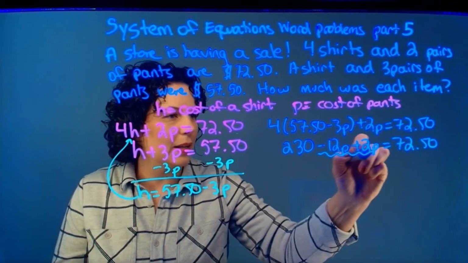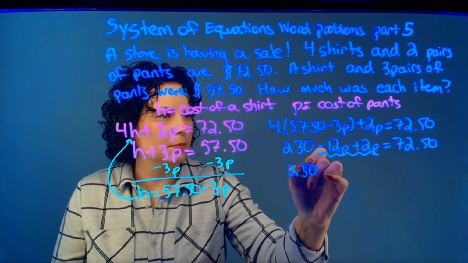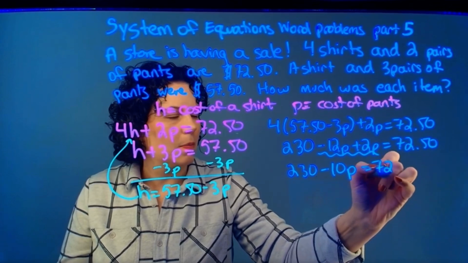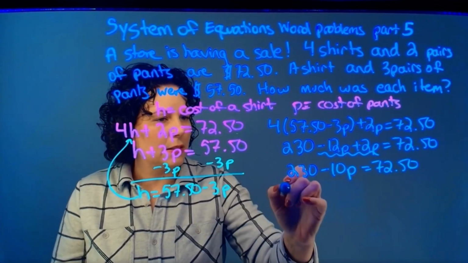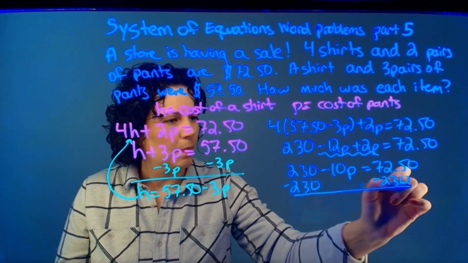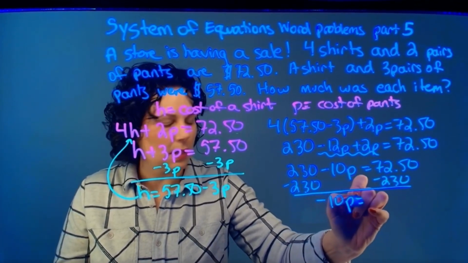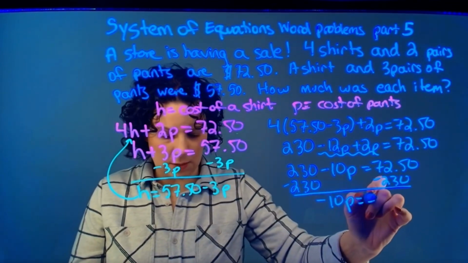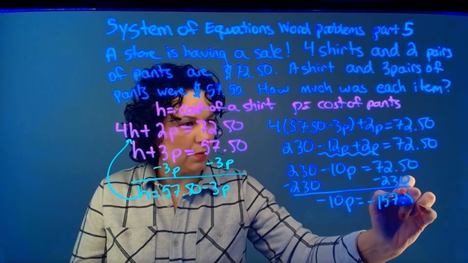I'm going to combine like terms right here. It's going to give me negative 10P. Now I can subtract 230. Negative 10P equals negative 157.50.